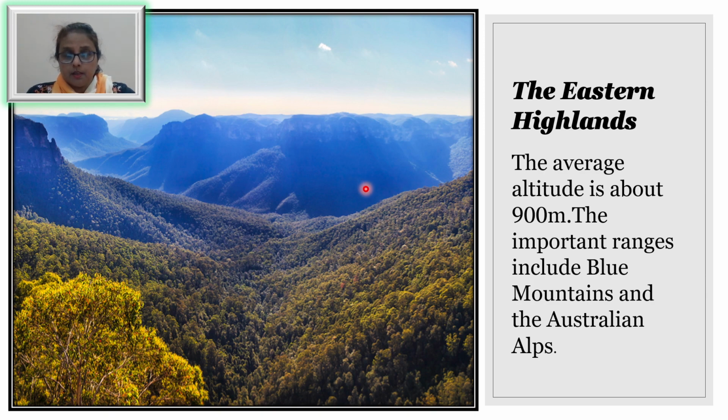So here you can see, as the name suggests, Blue Mountains, it is mainly because of the eucalyptus forests, the oil emitted from the eucalyptus trees, which gives it the predominantly blue color.